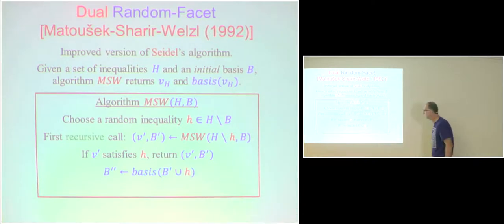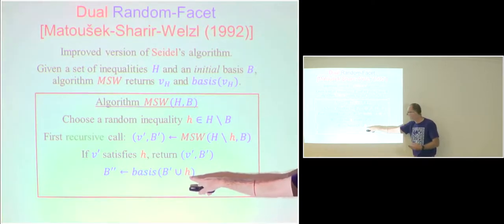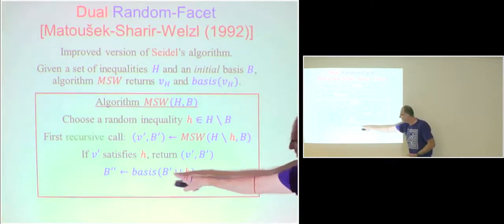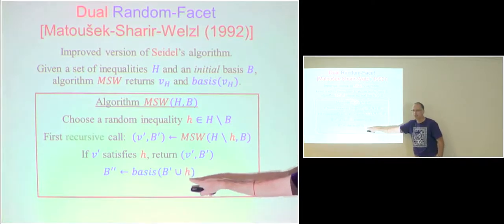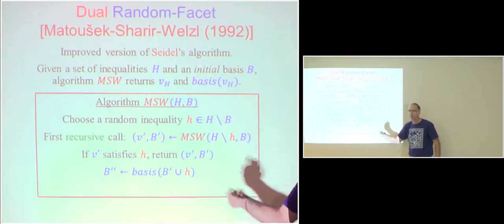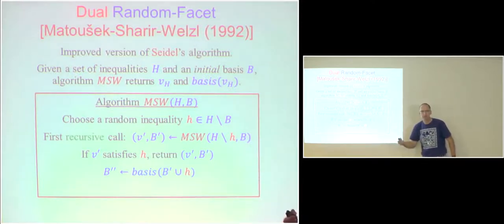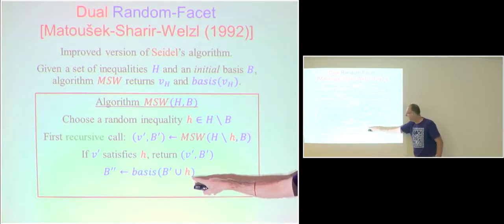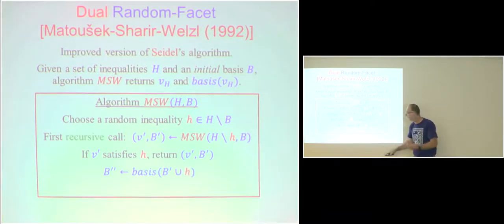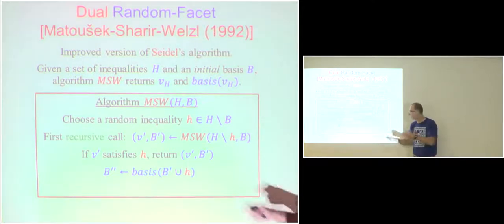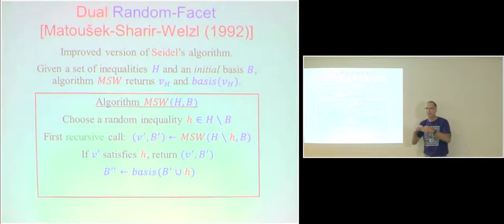So what we want to do now is look at a tiny linear programming problem composed only of these d+1 inequalities, and find the optimal basis of that small subproblem. What that would mean is that h would enter the basis, and one inequality from b prime would exit the basis. As a result, we'll get a better basis, better in the sense that the value of this basis would be smaller.